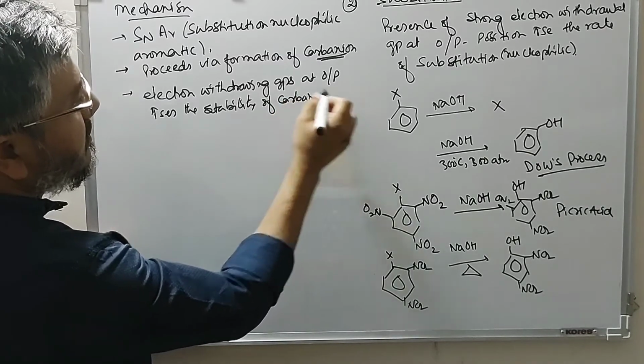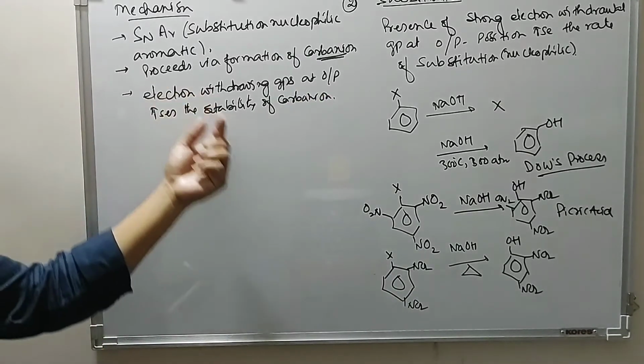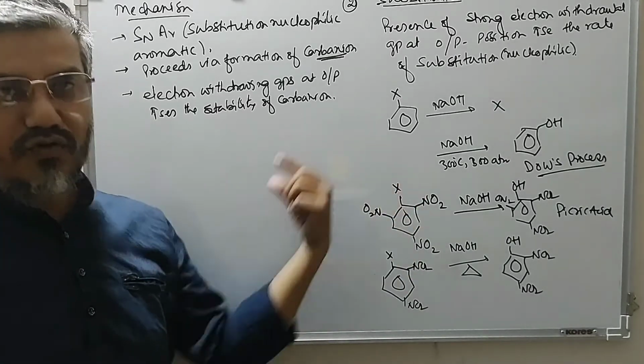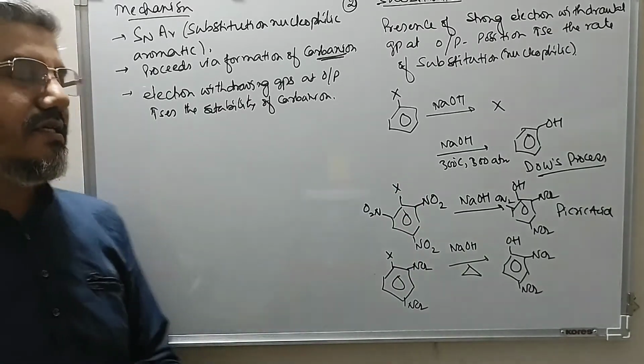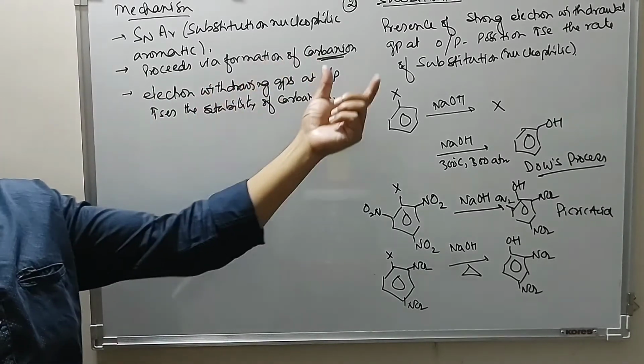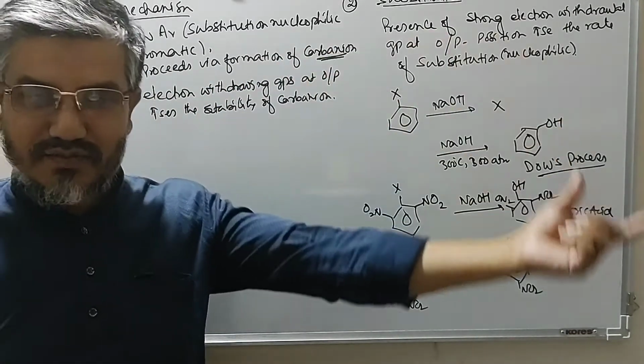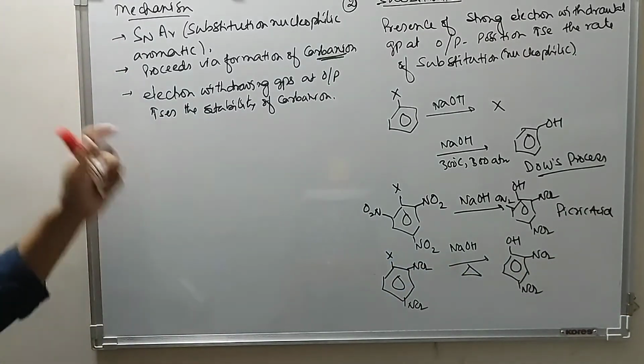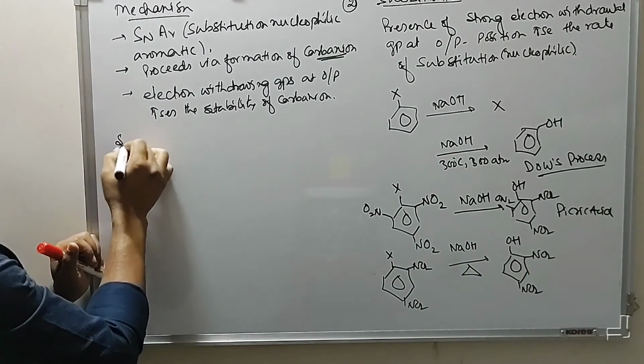So if the stability of carbanion is increased, the rate of reaction increases. So this was the reason. As the number of electron withdrawing groups increases, the stabilization of carbanion increases, so the rate of reaction becomes faster. So look at the steps of mechanism.